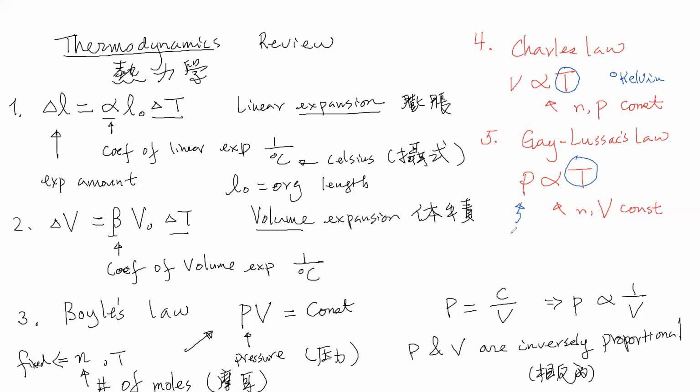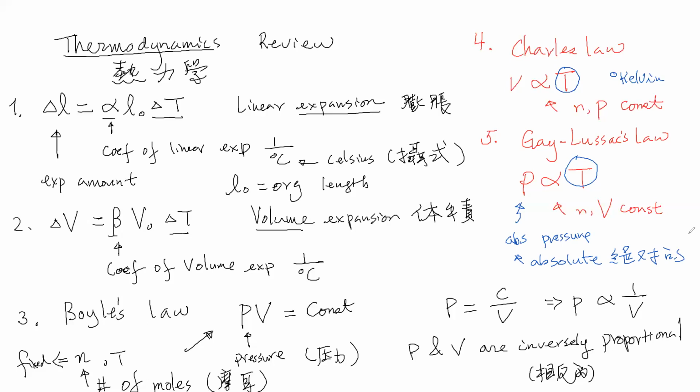And this P is in terms of absolute pressure. Absolute means 绝对的 in Chinese. Okay, so that's number 5.